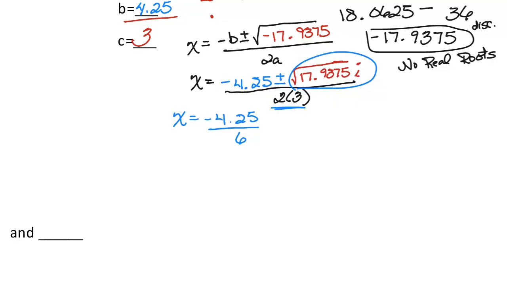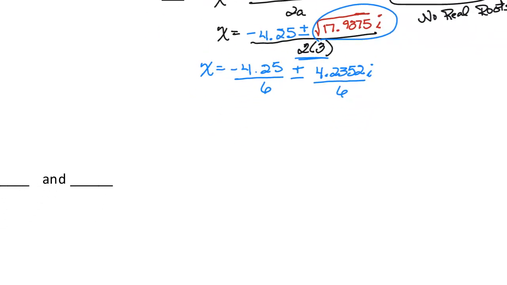So negative 4.25 over 6 plus or minus, now I'm going to take the square root of that weird number, 17.9375, and that gives me 4.2352 plus some change. Let's do that again. 4.2352, and that times i is also going to go over 6.